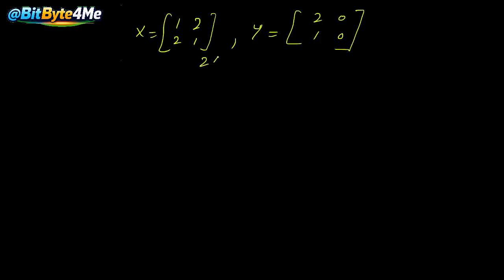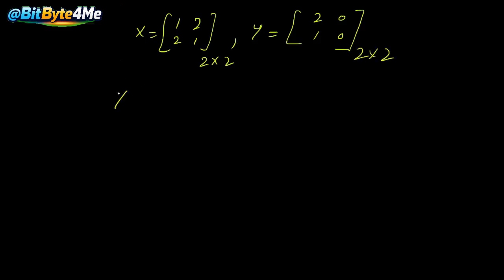Say X is [1 2; 2 1] and Y is [2 0; 1 0]. Each is a 2 by 2 matrix, with 2 rows and 2 columns, so they can be added or subtracted.